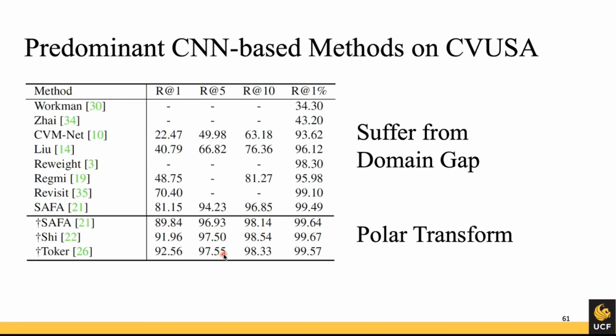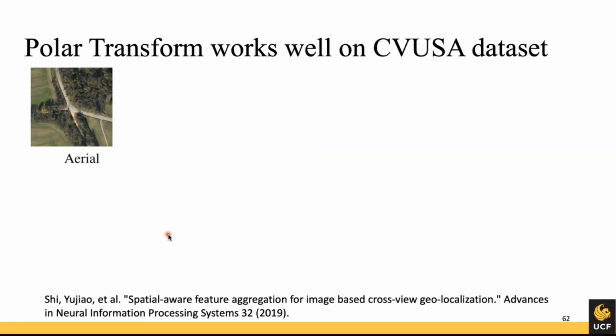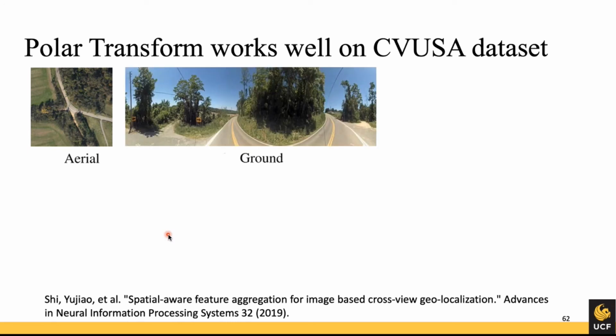Recently, there's some work utilizing polar transformation to mitigate this kind of domain gap, okay? And it is able to significantly improve the retrieval performance, maybe by 10 or more percentage points. So this polar transformation is able to work well on the CVUSA dataset.